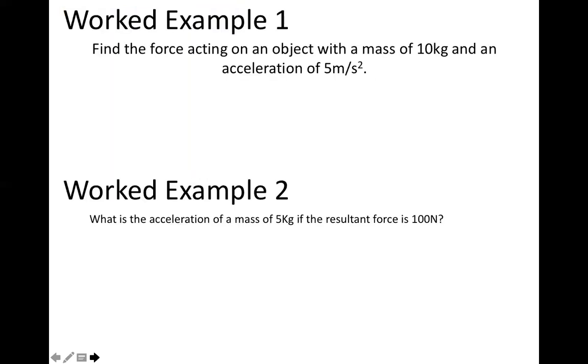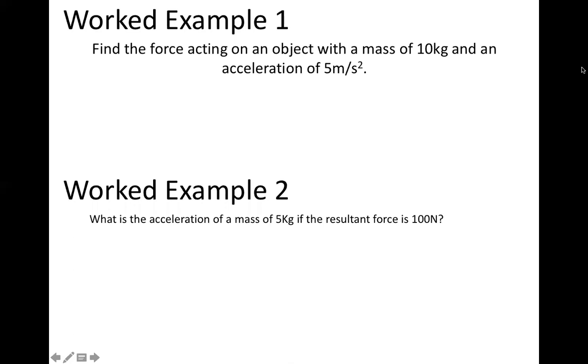Let's try some examples. Find the force acting on an object with a mass of 10 kg and an acceleration of 5. So find the force. How to do this? Use Newton's second law.